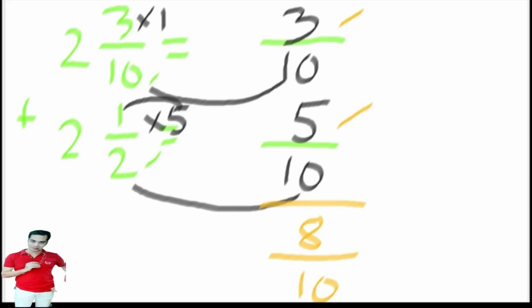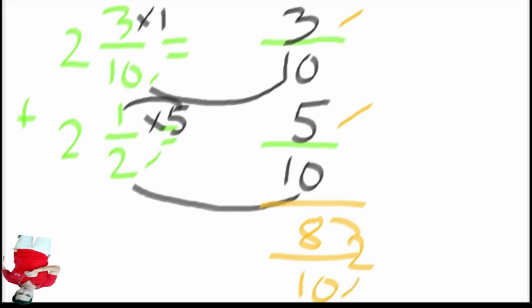So, 8 and 10, we are going to reduce to the lowest term because they have a GCF of 2. Sa tulong ng GCF, we are going to reduce the lowest term both sides. So now, 8 divided by 2, the answer is 4.